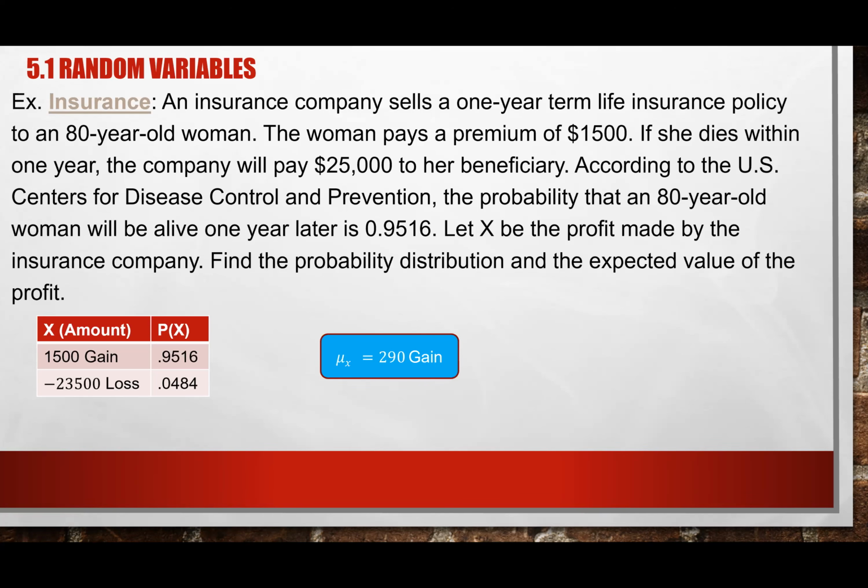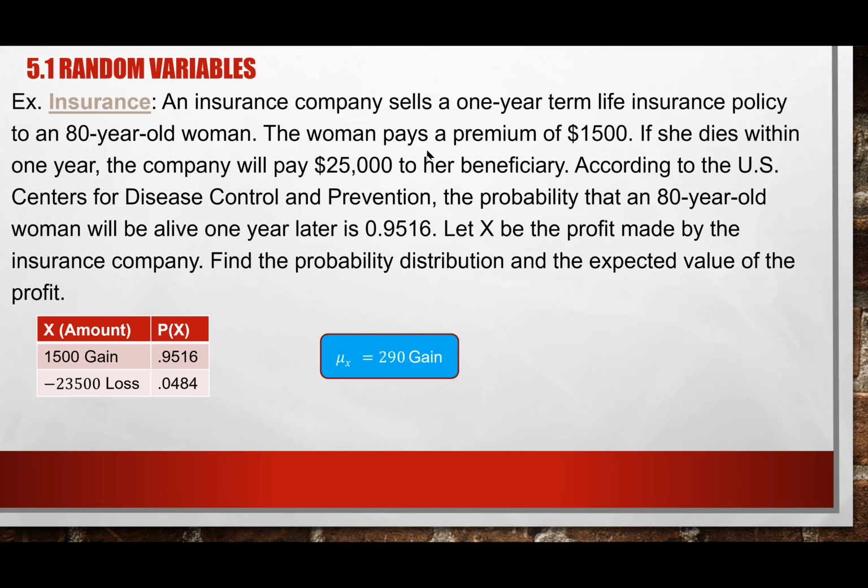Probability distribution basically tells you that you have some values and the probability distributed to those values. That's it. And a reminder: the probabilities have to add up to 1, and each probability cannot be negative and cannot be bigger than 1.